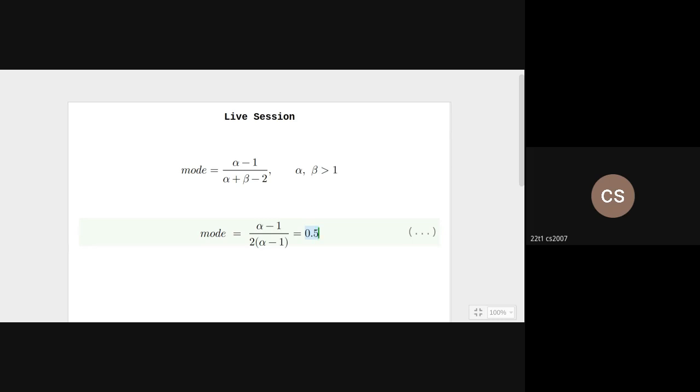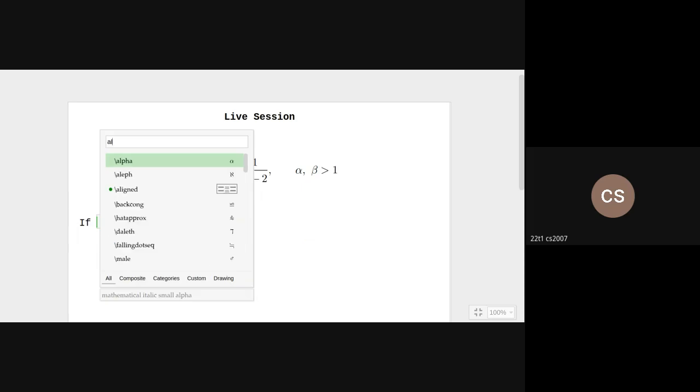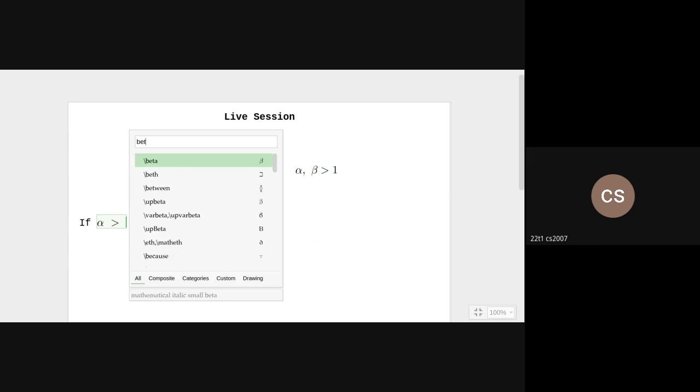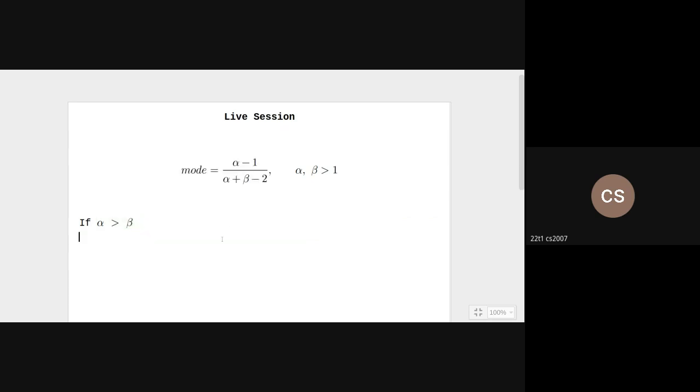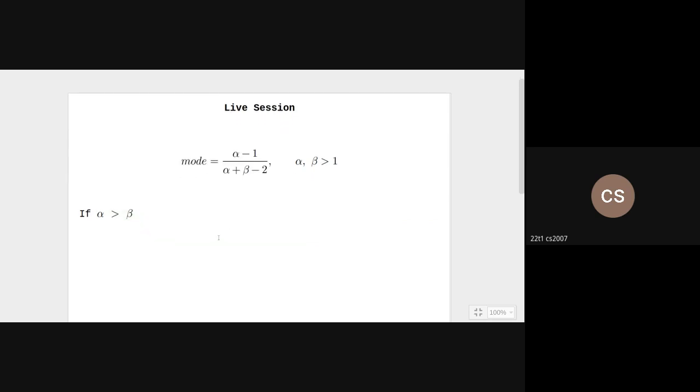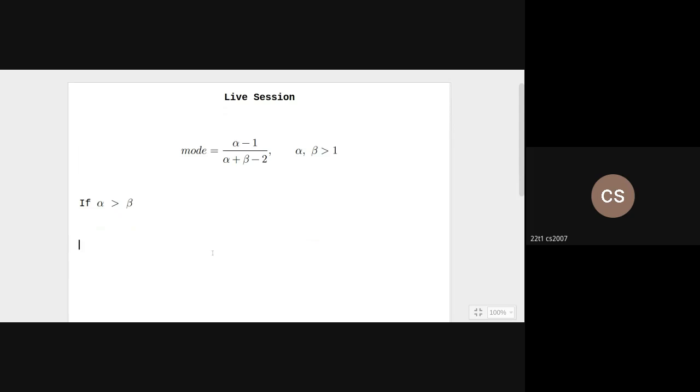So that's a good exercise. Let me ask this question. If alpha is greater than beta, then automatically can we show that the mode is greater than or less than 0.5? So how do we do that? Let's take this expression of alpha minus 1.